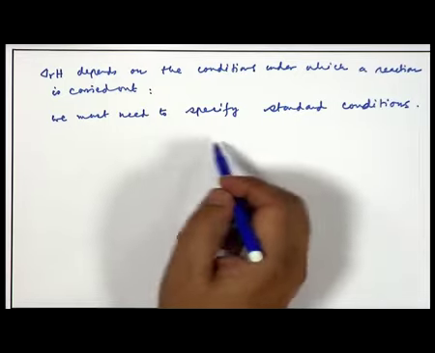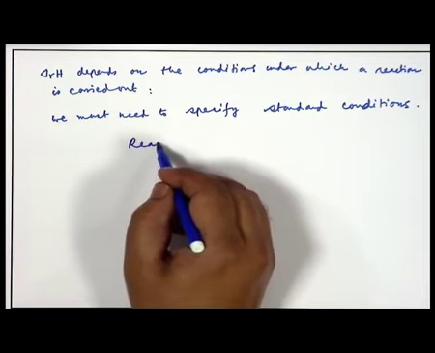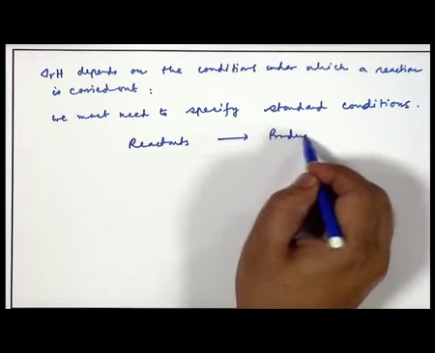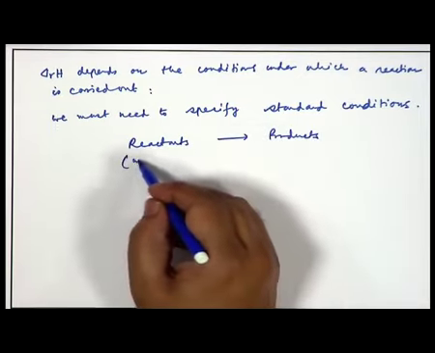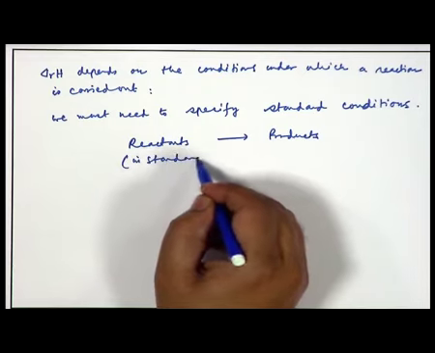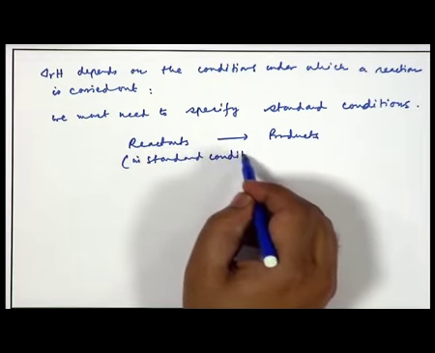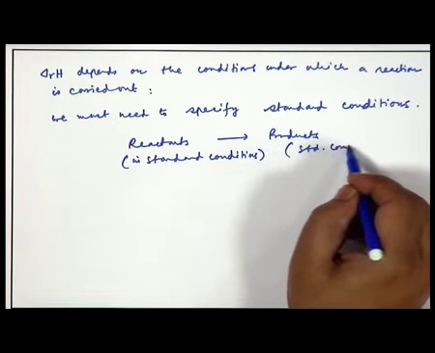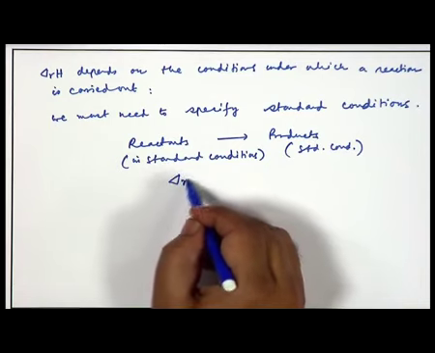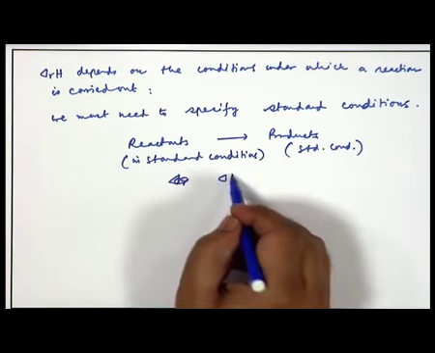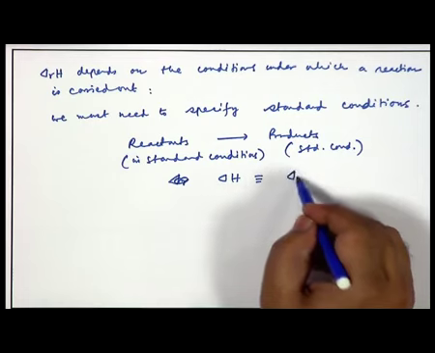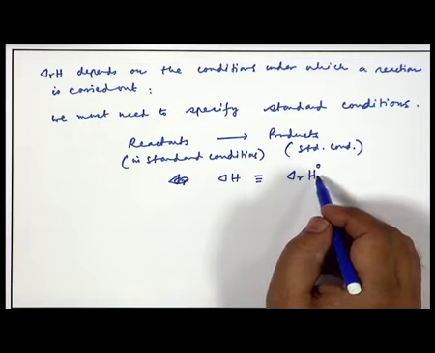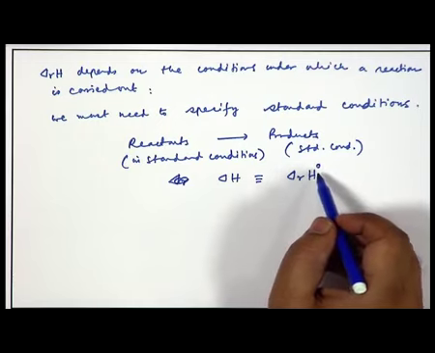So, if the reactants and products are all in standard condition, then the corresponding delta H would be delta_r H, and we put a superscript degree sign.